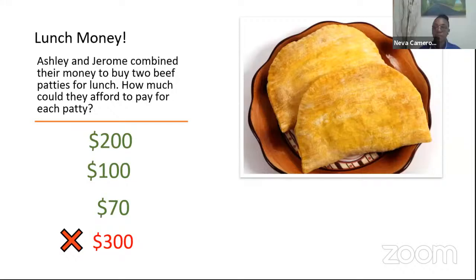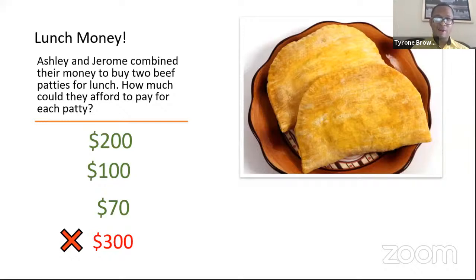All right, I'm seeing where they're saying that because 300 is greater, when you add 300 plus 300, it would exceed the amount of money that they have combined. I'm seeing where Abigail says it could not be $300 or more because of the amount of money they have. Very good. I'm liking the thinking that's going on.